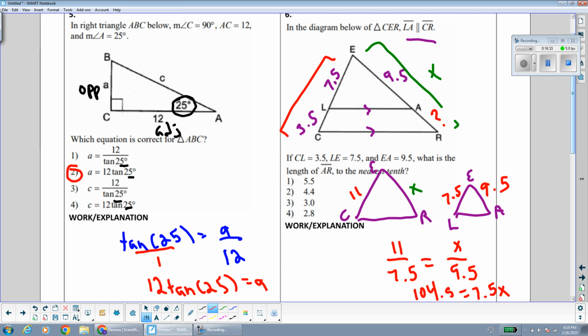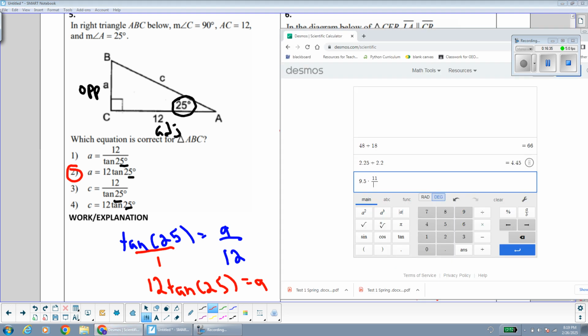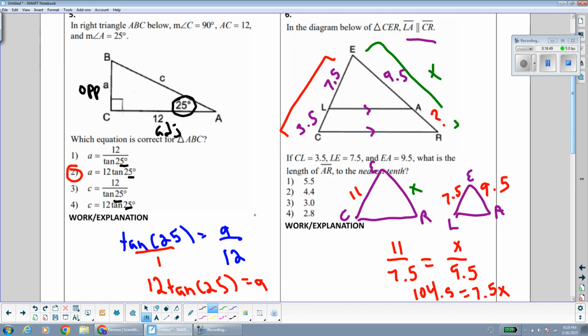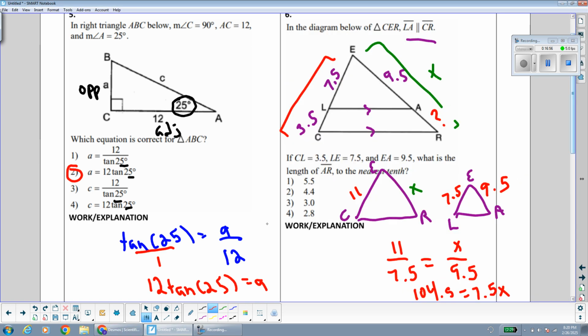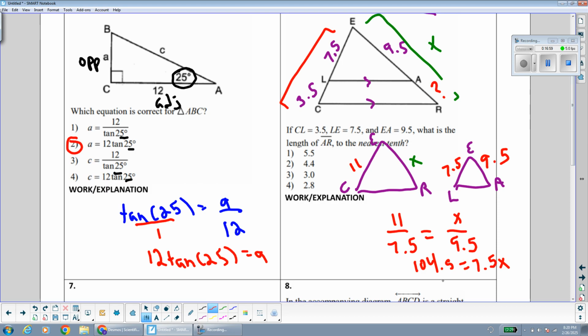Going to divide by 7.5. 13.933. But remember, that represents ER.